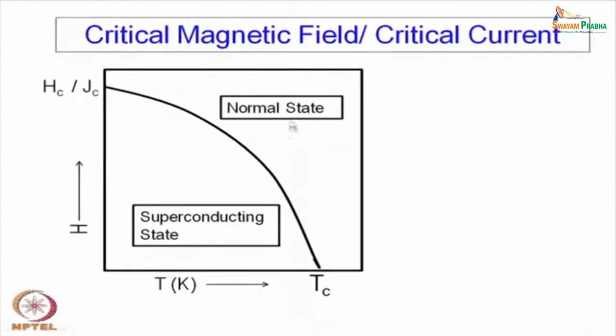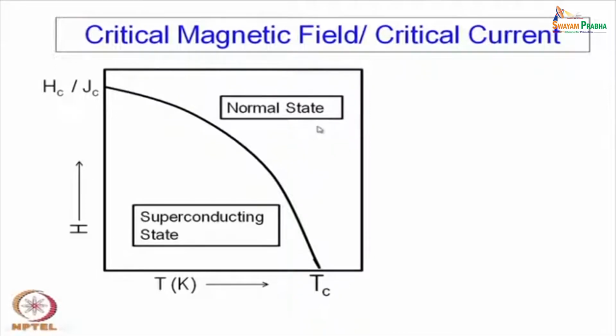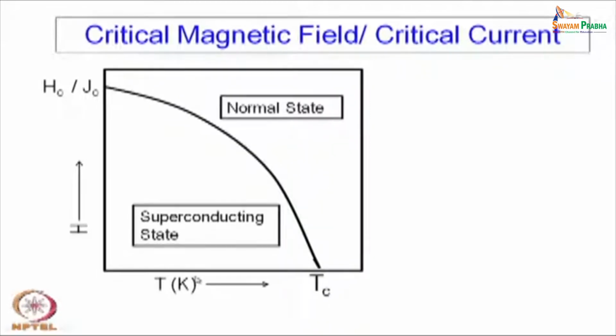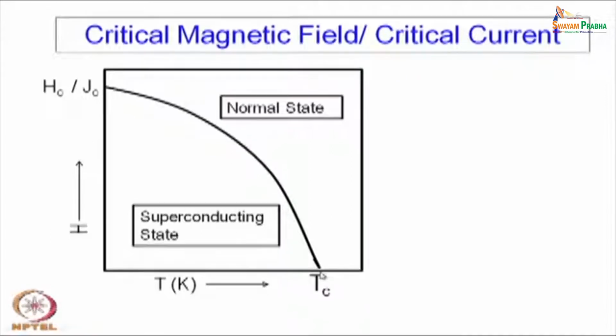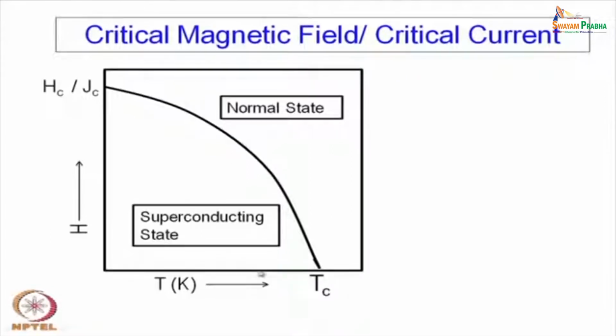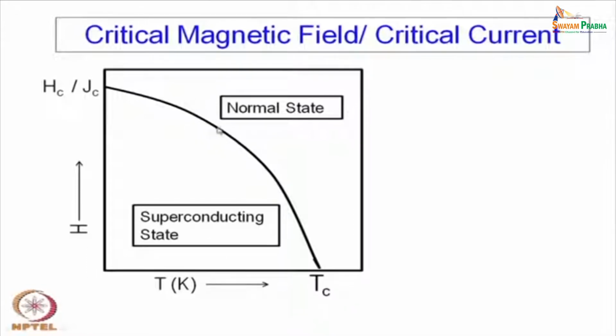So, in this H versus T curve, this area is actually a normal state. Any material which has a normal Tc with 0 field here, the Tc may decrease to this, provided the magnetic field is higher here.